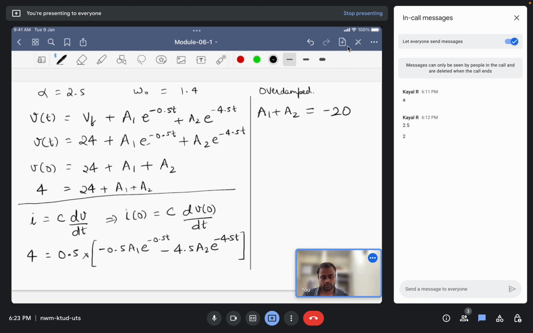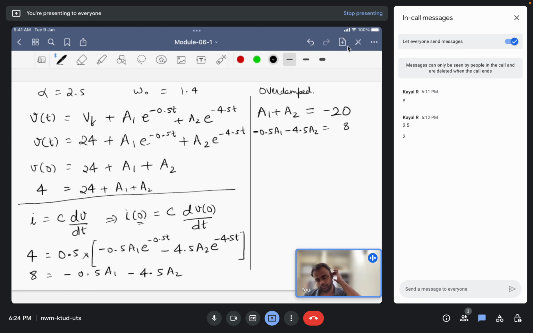Since we have found this current at time t equal to 0, sending this term to the LHS portion, this will become 8 is equal to minus 0.5 A1 minus 4.5 A2. So let us write this part on the right side: minus 0.5 A1 minus 4.5 A2 is equal to 8.